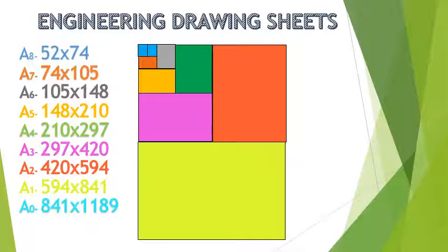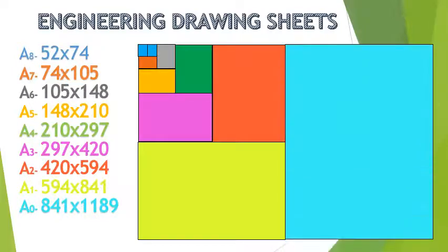Now this A0 is the biggest size we use in the plotter to prepare some large prints of drawings, with size 841 by 1189. All the sizes are in mm.